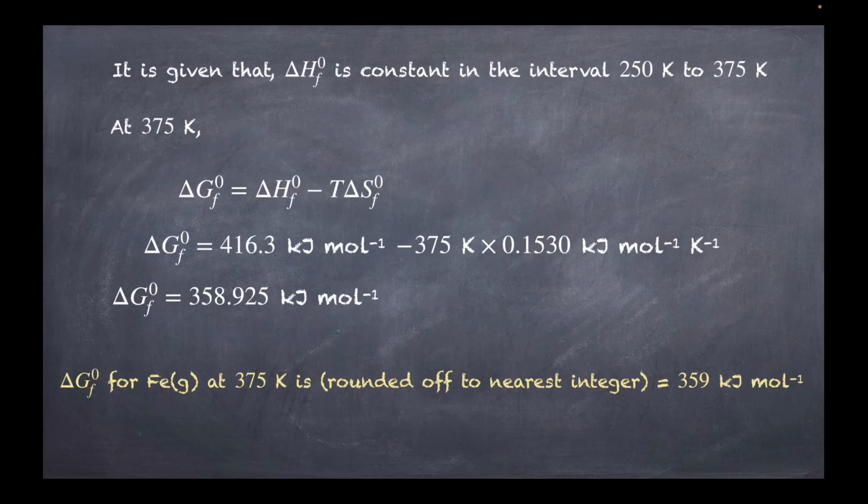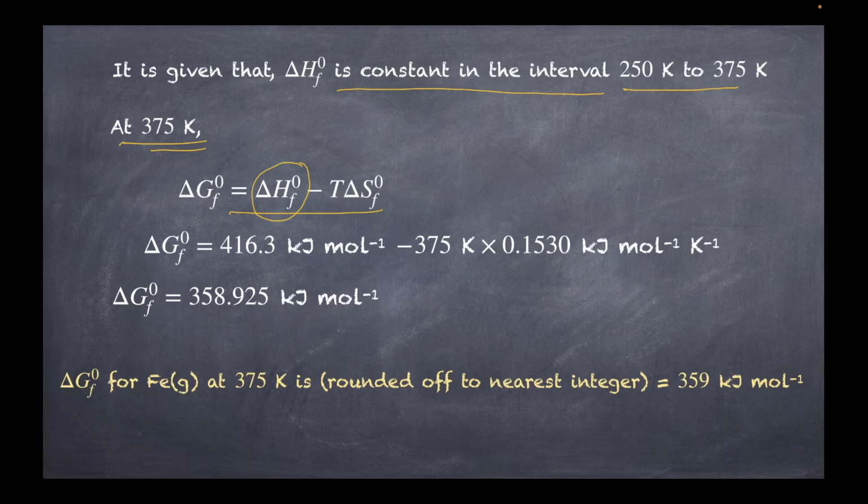Now it is given in the question that the change in enthalpy is constant in the interval 250 Kelvin to 375 Kelvin. So at 375 Kelvin also we can use this expression delta G0F equal to delta H0F minus T delta S0F. As the delta H0F is constant in this temperature range, we can use the same value of delta H0F.